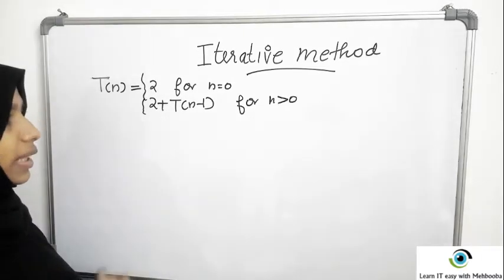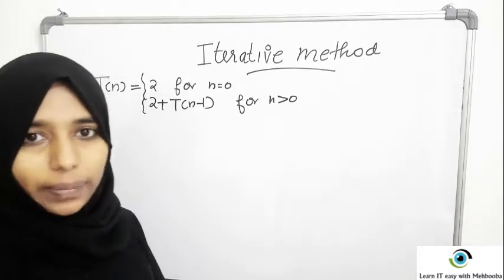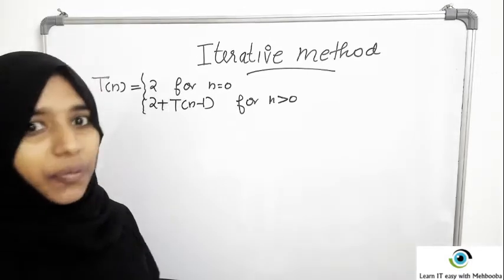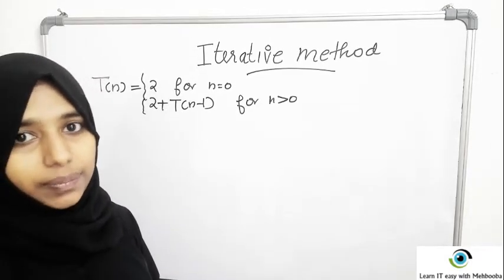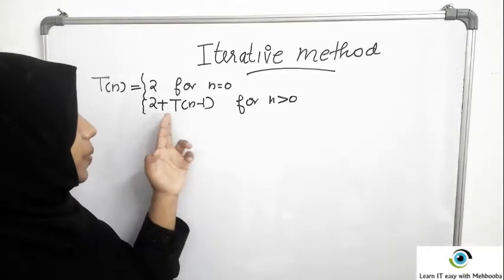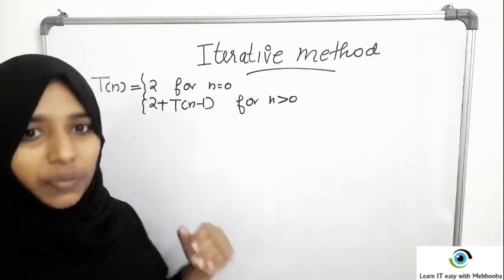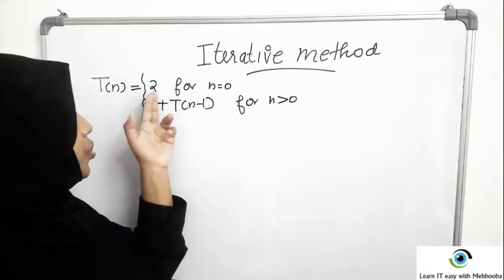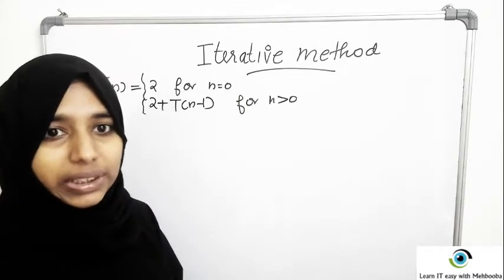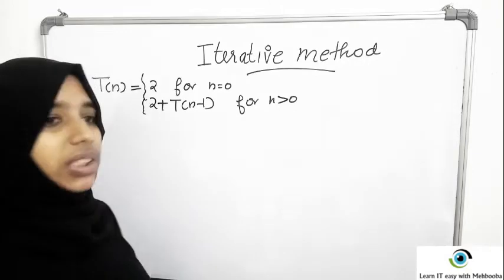As I have told you in previous videos, whenever we say complexity, that is definitely the worst case complexity of the algorithm. So 2 + T(n-1) is the case we have to consider. The 2 is when n is equal to 0, that is the best case complexity, the minimum time taken by the algorithm to run to its completion.